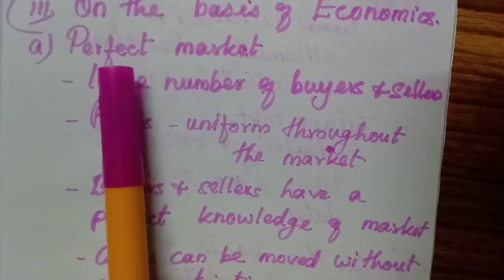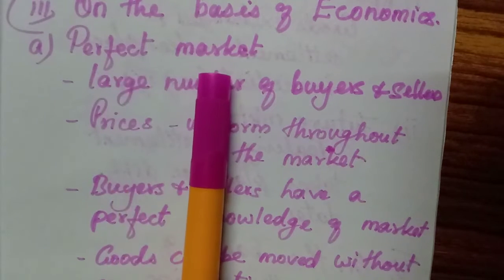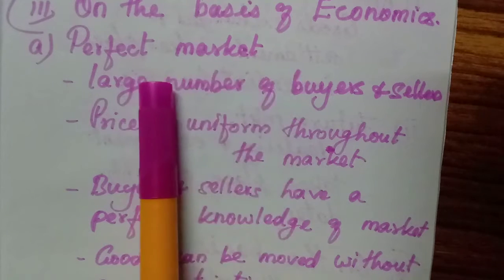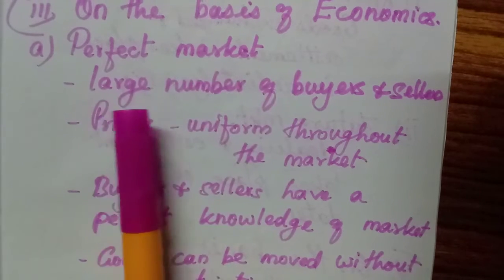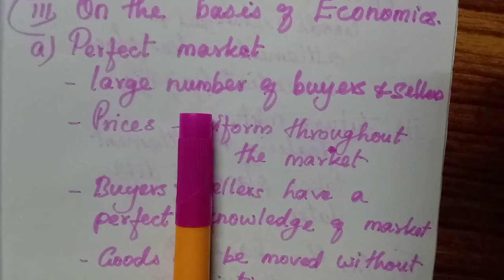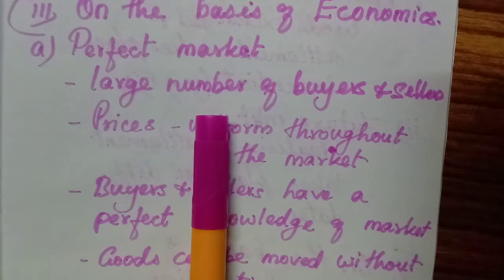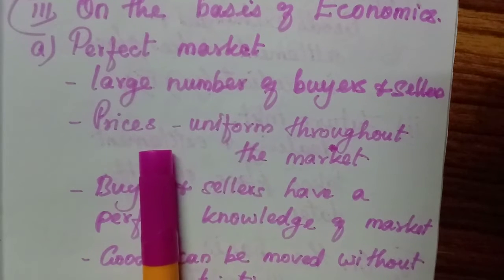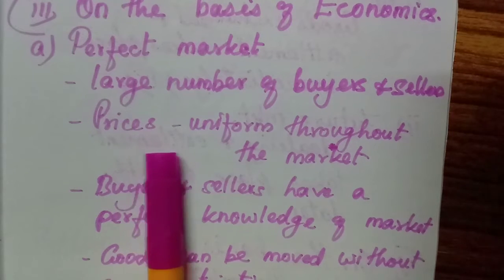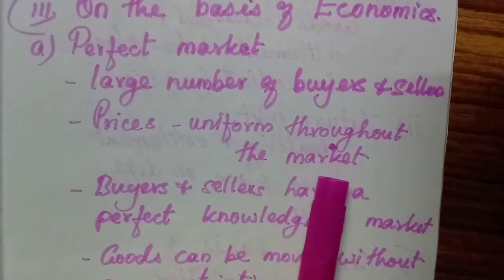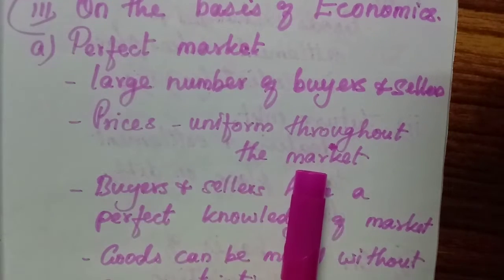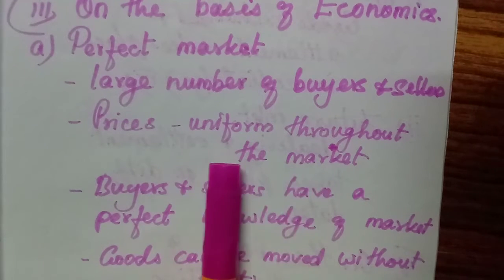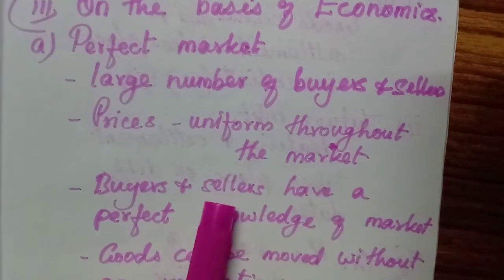So what is a perfect market? In this market, a large number of buyers and sellers will be available. The prices of the commodities will be uniform throughout the market. In the whole market the prices will be the same.